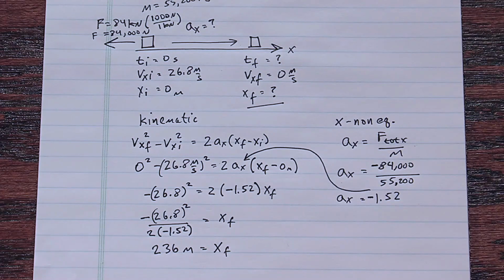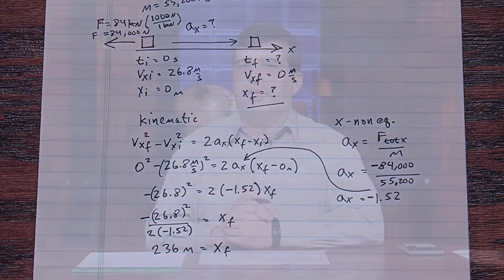And so if we didn't keep our negative sign, our equations wouldn't have worked out. So be careful with those negative signs. And also, the other lesson to learn is that if you're given the forces on an object and its mass, then you know that you can get the acceleration for your kinematic equation from Newton's second law.